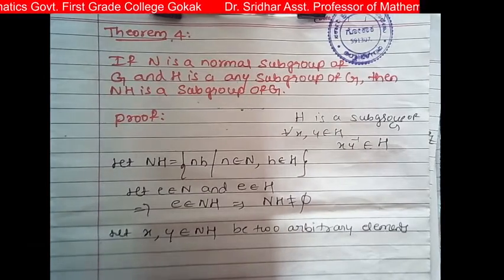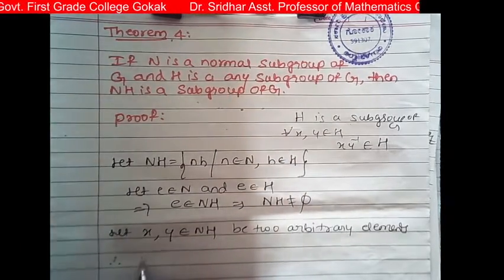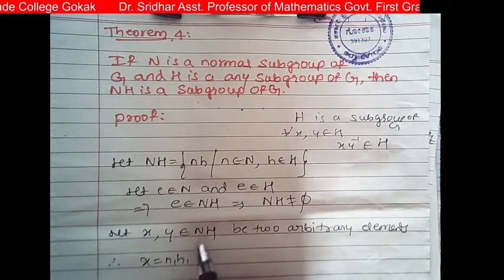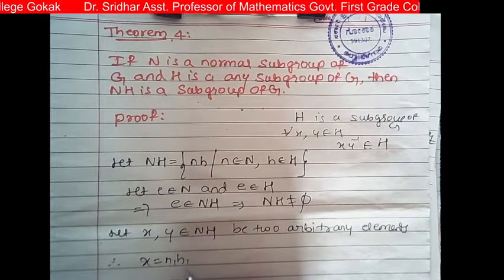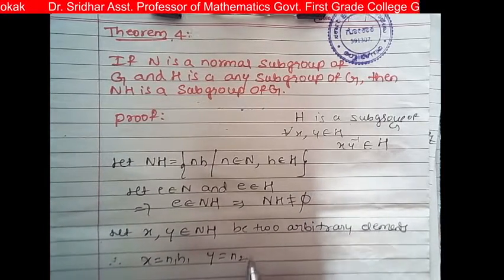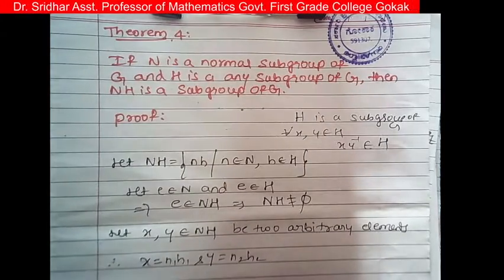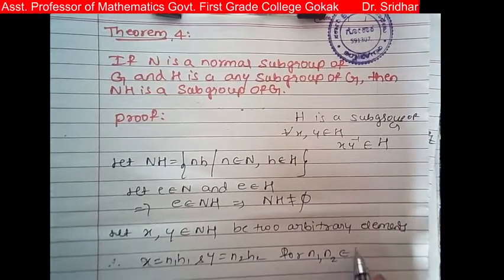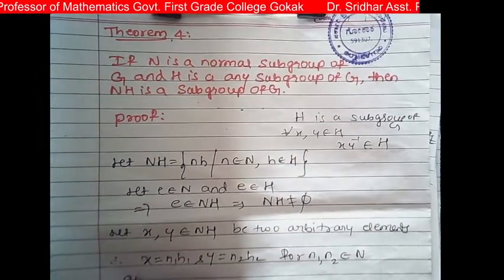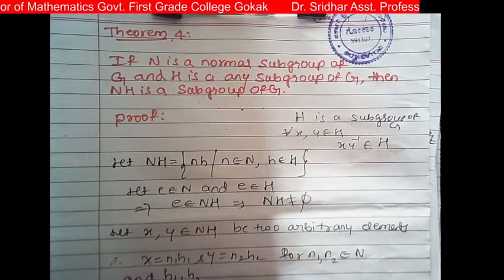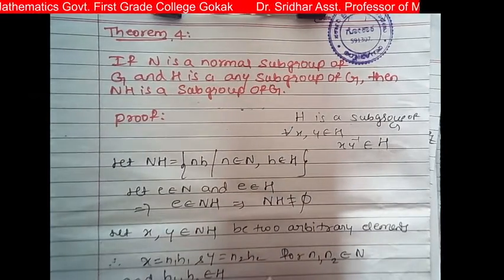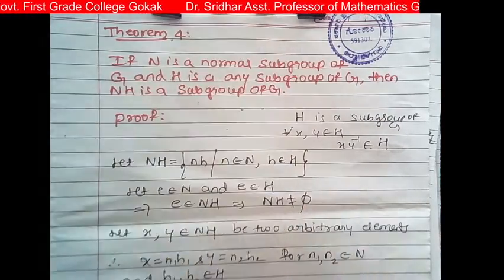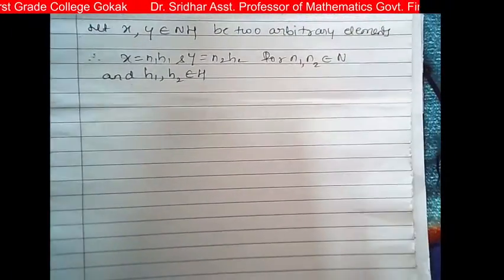Then x is of the form n1 h1 because x belongs to NH, and y is of the form n2 h2, for n1, n2 belonging to N and h1, h2 belonging to H. Now we prove xy inverse belongs to NH.